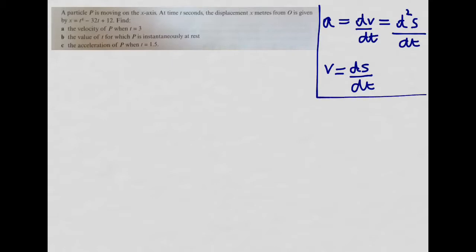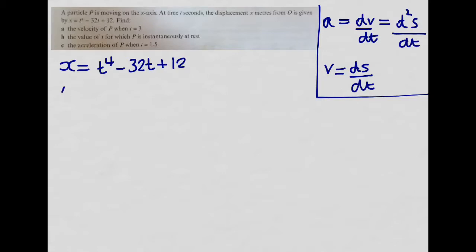So here, x is my function, and it's my displacement from O. And I'm asked to find the velocity. Well, I know from before that if I differentiate the displacement, I will find the velocity.